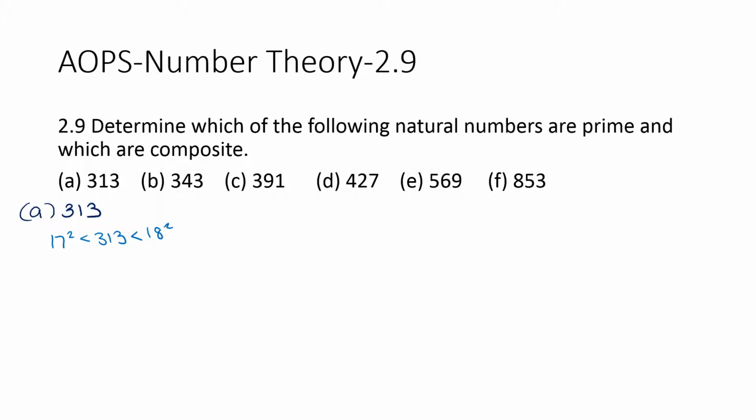So we only have to check all the prime numbers up to 17. So if we list all the prime numbers up to 17 and see if any is a divisor of 313, none is. So this number is prime.